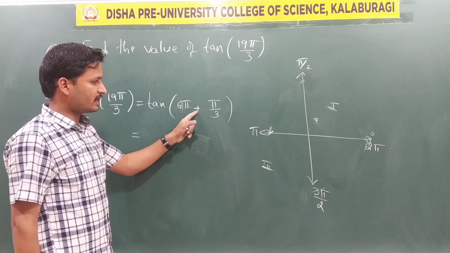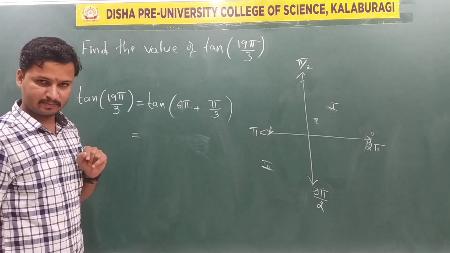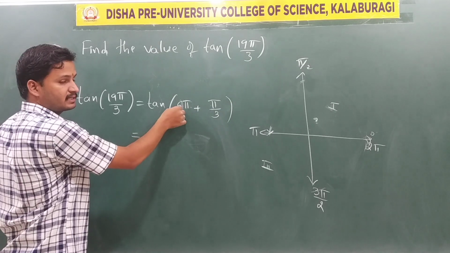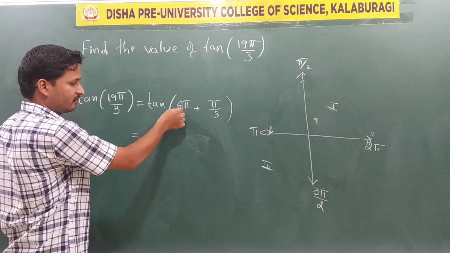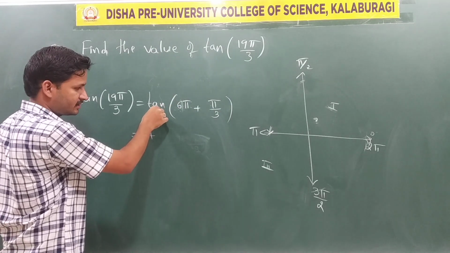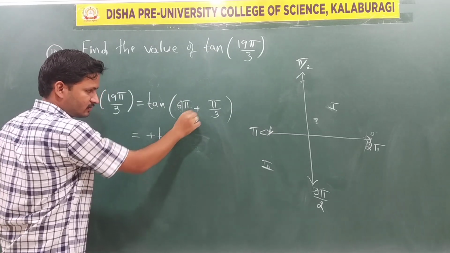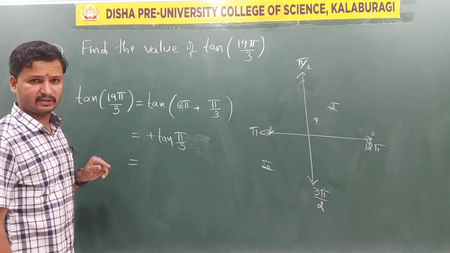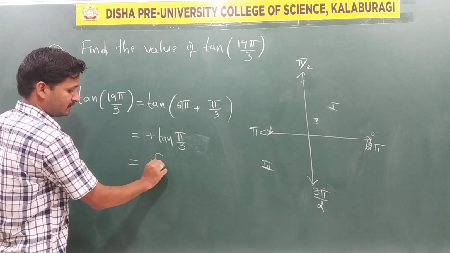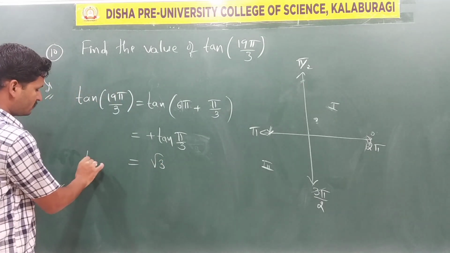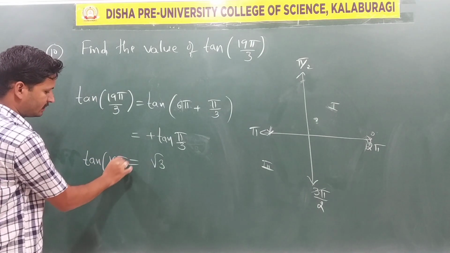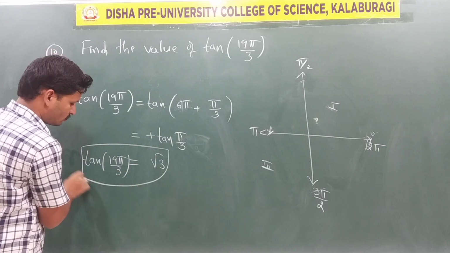In the first quadrant again the tan function is positive, so take plus sign, and here 360 degrees is there. For 360, the ratio doesn't change, write it as is. So tan of pi by 3, that is tan 60 degrees, that is root 3. So tan of 19 pi divided by 3 is equal to root 3.